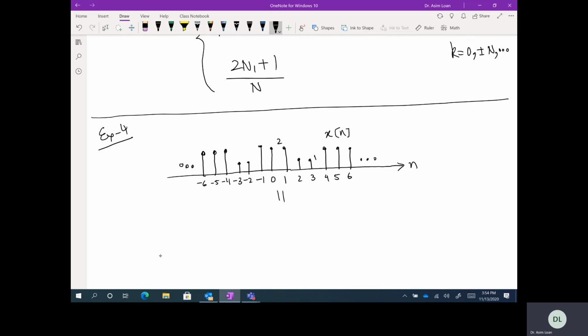This I can write as a sum of two signals. So this is plus this one and plus this one. So one of the signals is actually minus 1, 0, 1. Nothing here, nothing here. Then I have this one, I have this one, and I have this one.